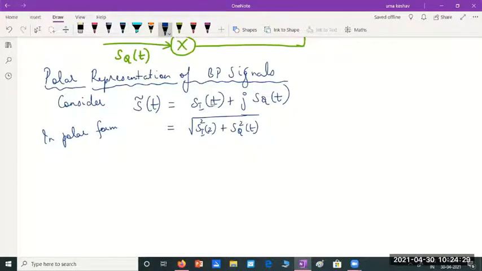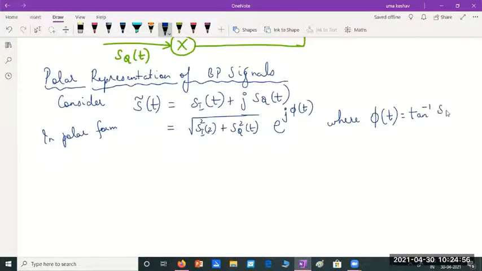If I have a signal in the form A plus jB, the amplitude would be root of A square plus B square, which is root of Si square plus SQ square. And the phase part, I can write it as e to the power of j phi t, where instead of writing the whole phase, what would be the phase angle for this signal?